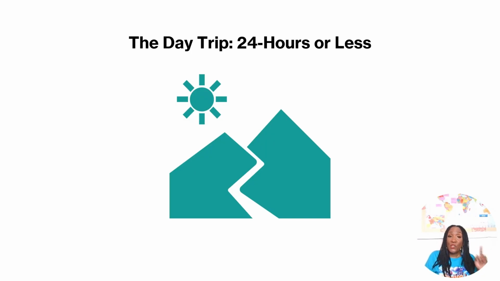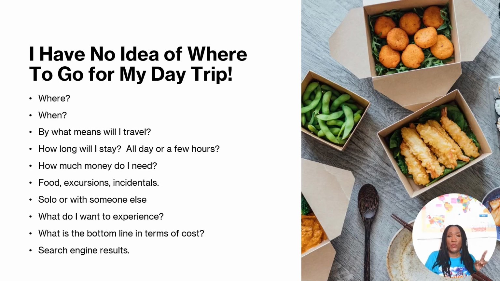So, with that 24-hour or less trip, again, I said some people have no idea where they want to travel and they don't know how to plan a trip. So we're going to develop some hypotheticals for that 24-hour or less trip. And these hypotheticals are going to help you create a winning trip, I promise you.